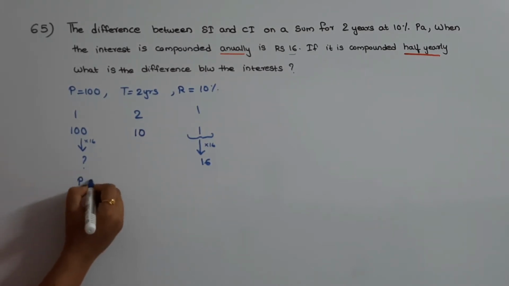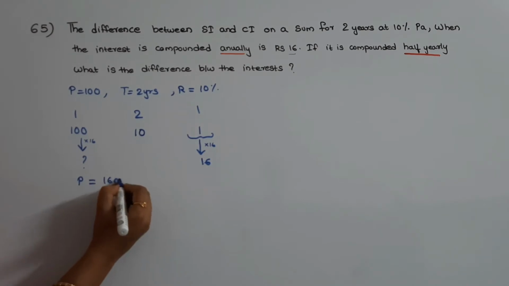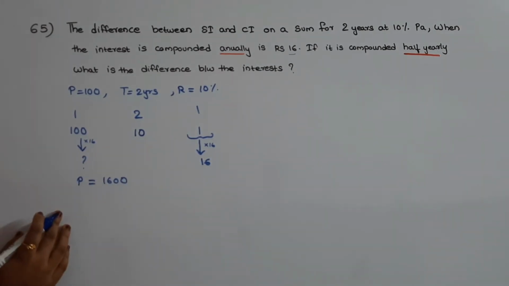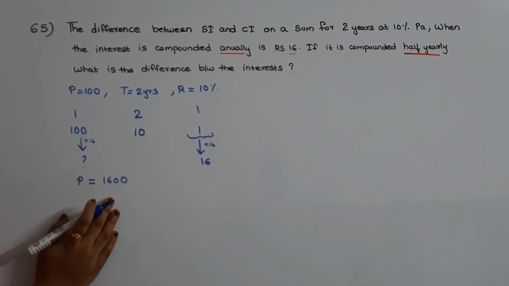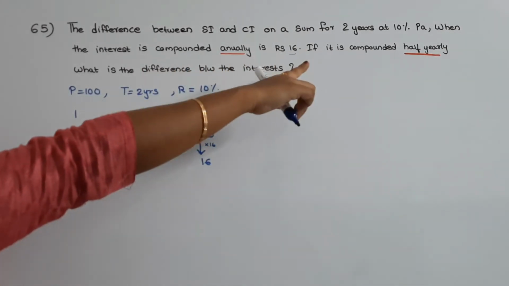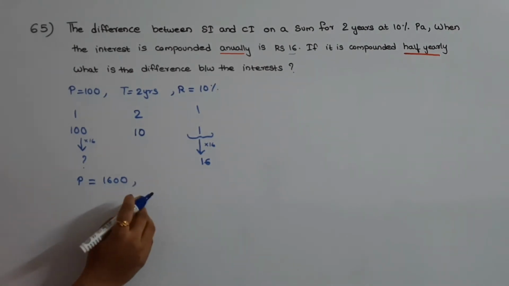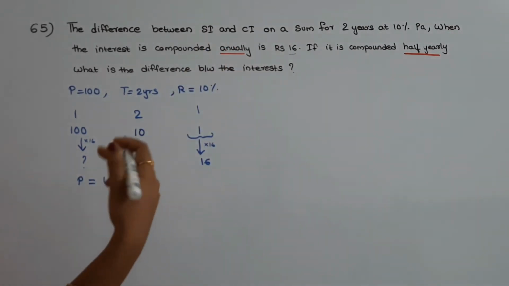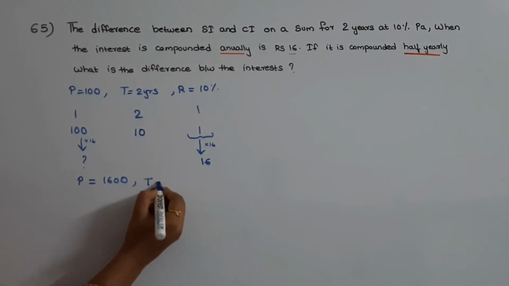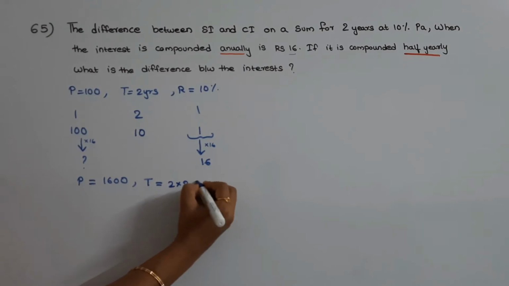Hence, principal will be equal to 100 into 16, that is 1600. Now we got the value of the principal. Now we need to find the difference between the interest when it is compounded half yearly. So when it is compounded half yearly, time period becomes double. So T will be equal to 2 into 2, that is equal to 4.